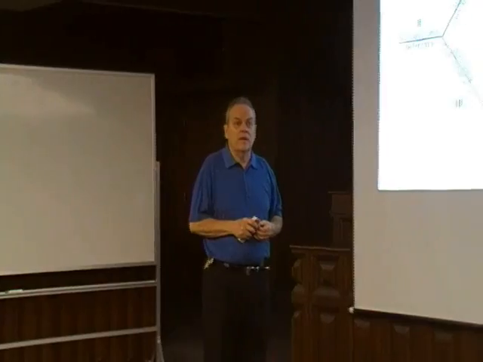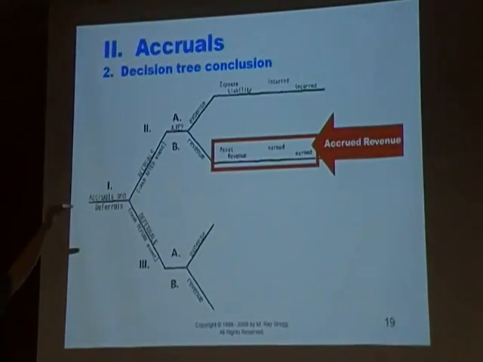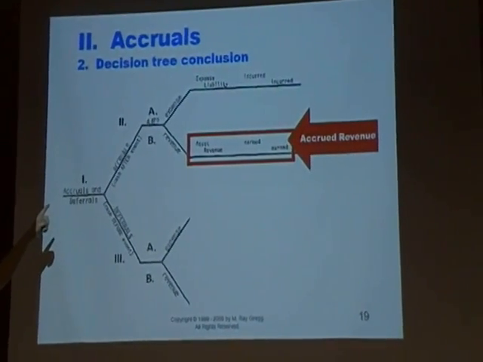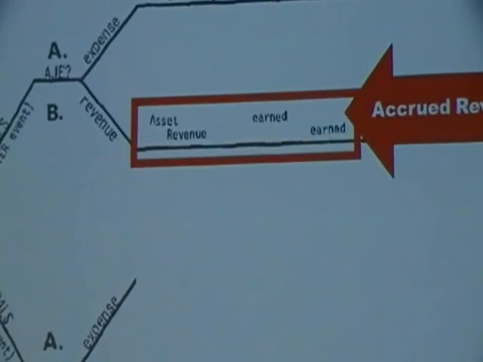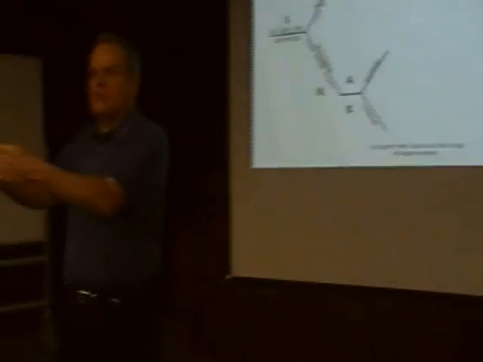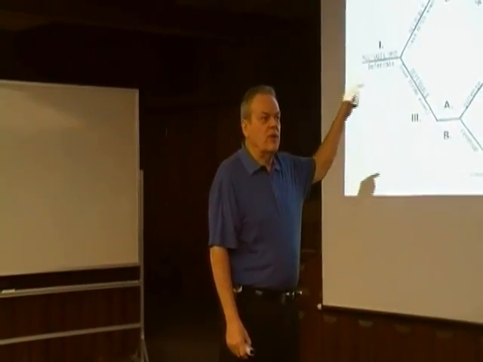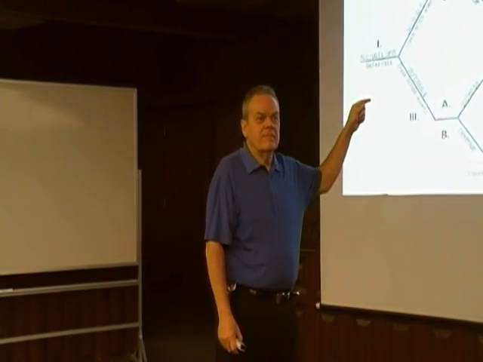Glance at the decision tree with me. If we're talking about accrued revenue and would like to know the adjusting entry that we should make at the end of the year, the decision tree describes it broadly and says debit an asset, credit a revenue account for the amount you've earned. So if we had money in a savings account and we're earning interest on it, it might be debit interest receivable, credit interest revenue.